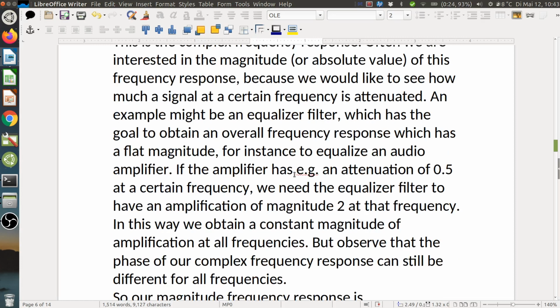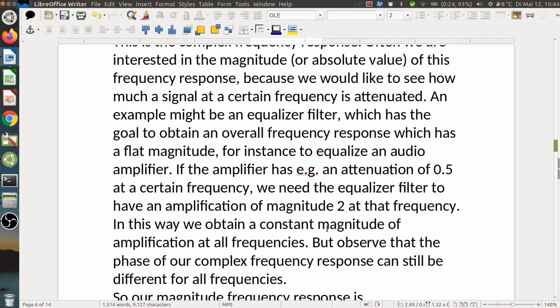If the amplifier has, for instance, an attenuation of 0.5 at a certain frequency, we need the equalizer filter to have an amplification of magnitude 2 at that frequency to compensate for it. In this way, we obtain a constant magnitude of amplification at all frequencies. Yeah, and this is basically the magnitude of our frequency response, right?